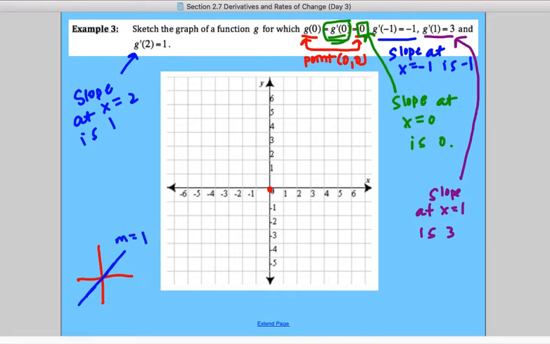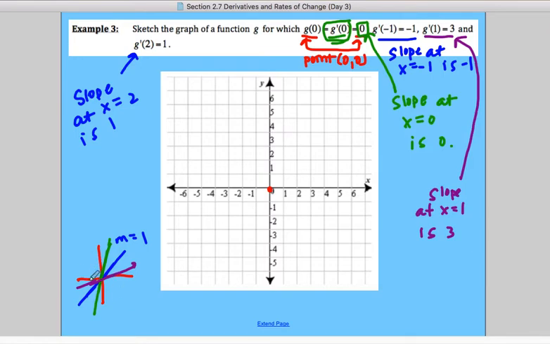If I draw something steeper, I know I have a slope bigger than 1. So if I ever go higher than that 45 up here, that means I have a number bigger than 1. And the opposite, if I go below that line, this means I have a slope that's less than 1. Same thing applies to negatives. I always think about a slope of -1 as going at that -45 degree angle.